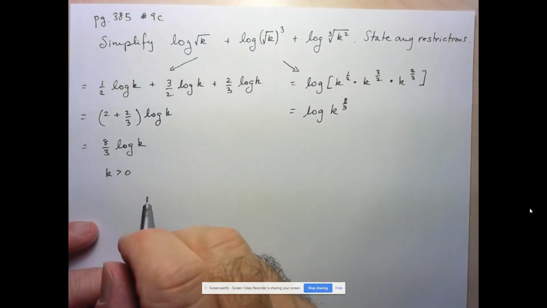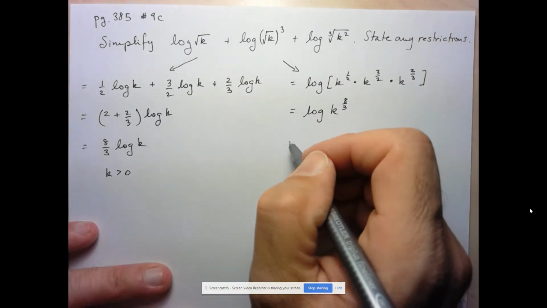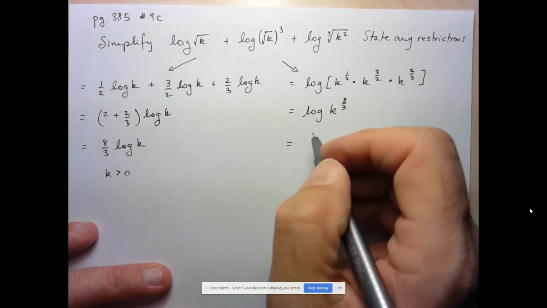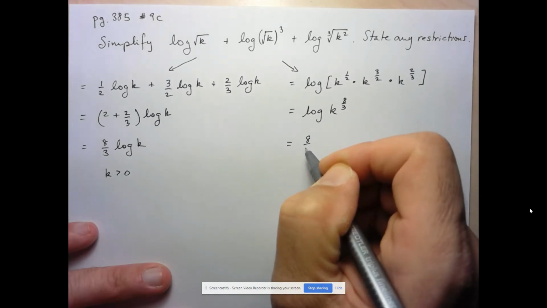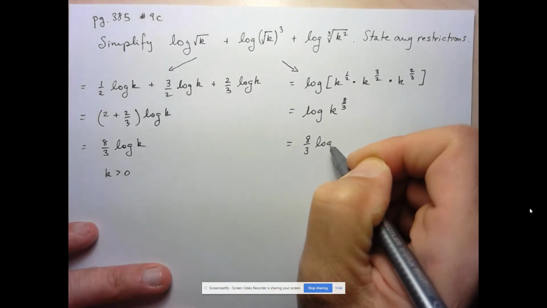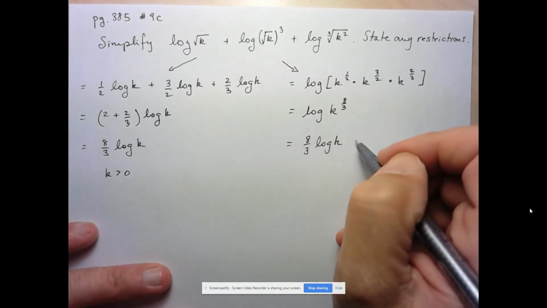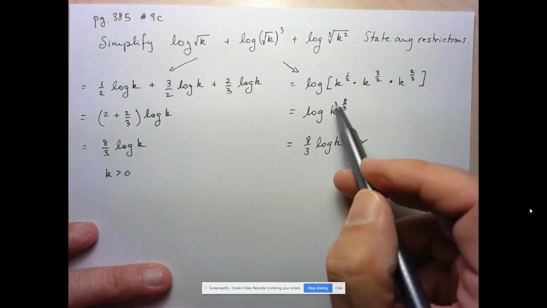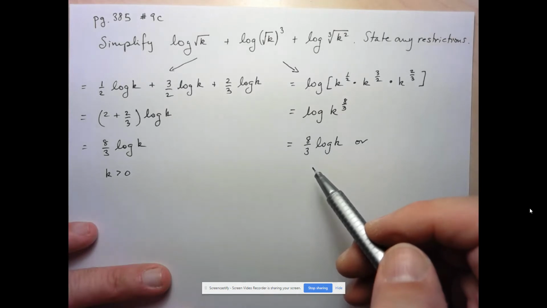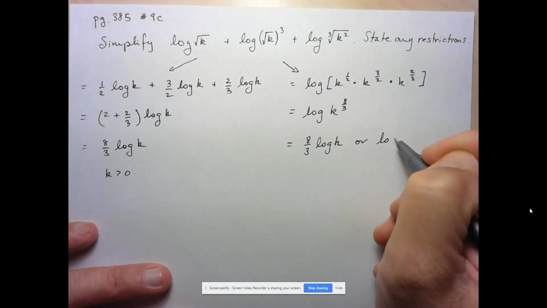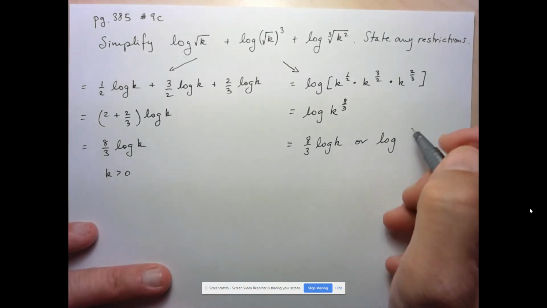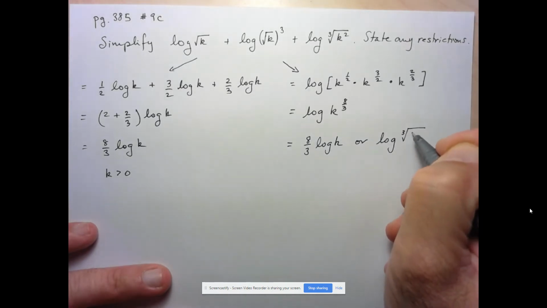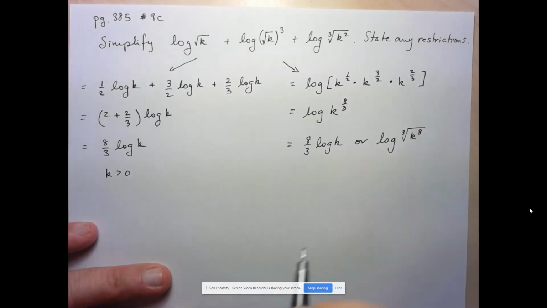And just to show that it's the same answer as we got before, I can use the ski slope rule and write it as 8/3 times log k. Or of course, I can not use the ski slope rule and just rewrite this in root form. So this would be log of the cube root of k to the 8.